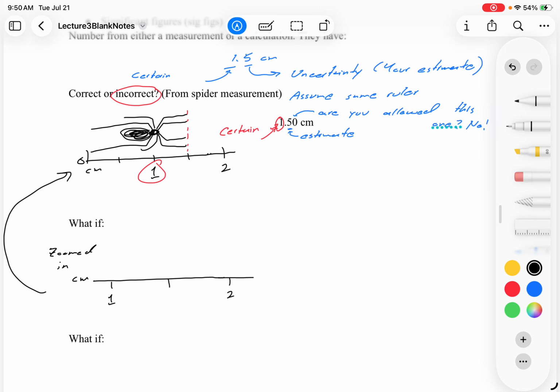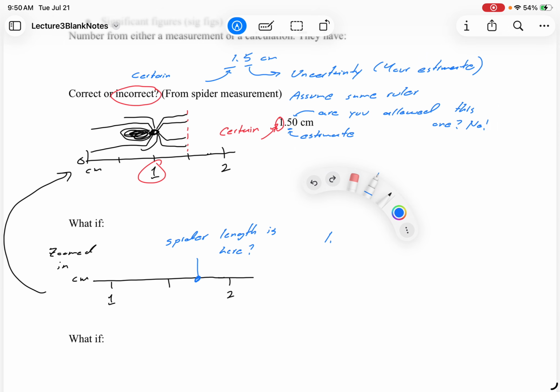Let's say your spider length is here. What if you measure the spider here, right? We can say it is 1.7, just make something up.